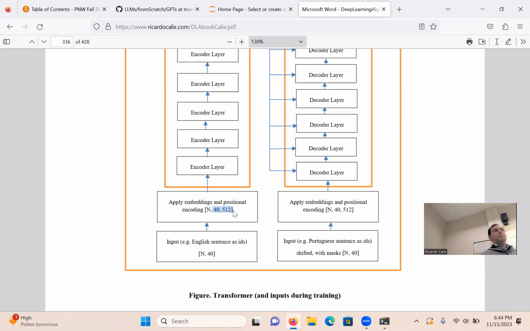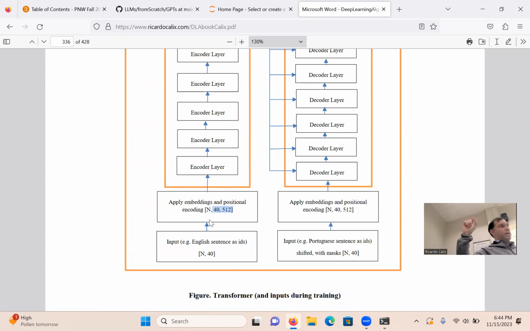No, 40 is the number of words in the sentence. So the cat is sleeping on the table, that's like 7 words, 7 IDs. The rest are padded and ignored. Yeah, 0, let's say. That's the 40. The 512 is the representation of each word as an embedded vector.